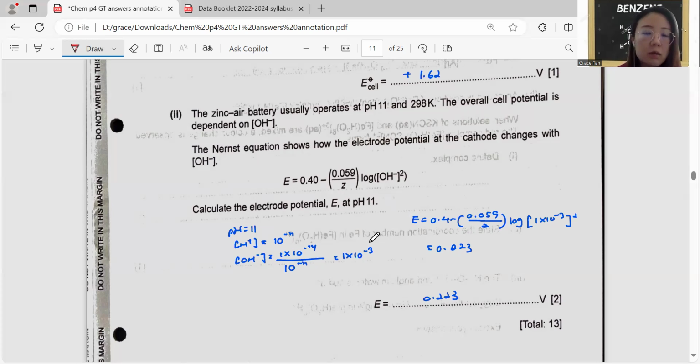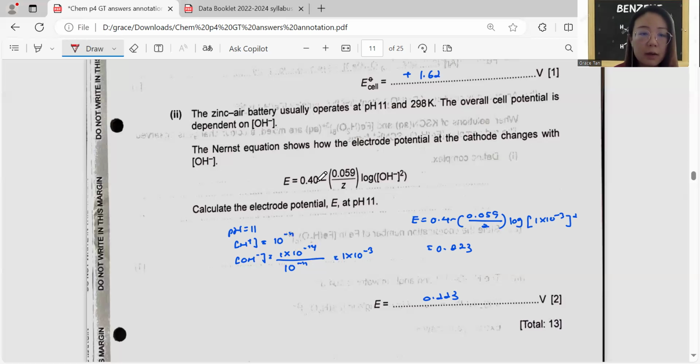So calculate the electrode potential at pH 11, because we need to run it under alkaline condition. Over here, they already gave us the formula for the Nernst equation. But if they never give it to you, you're supposed to use your own Nernst equation to solve the question, which is still doable. They're kind enough to help us, but you shouldn't expect it.